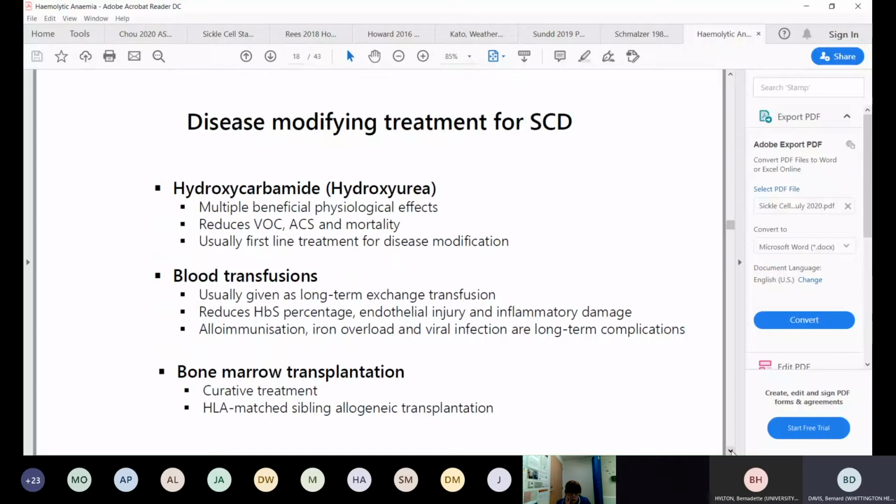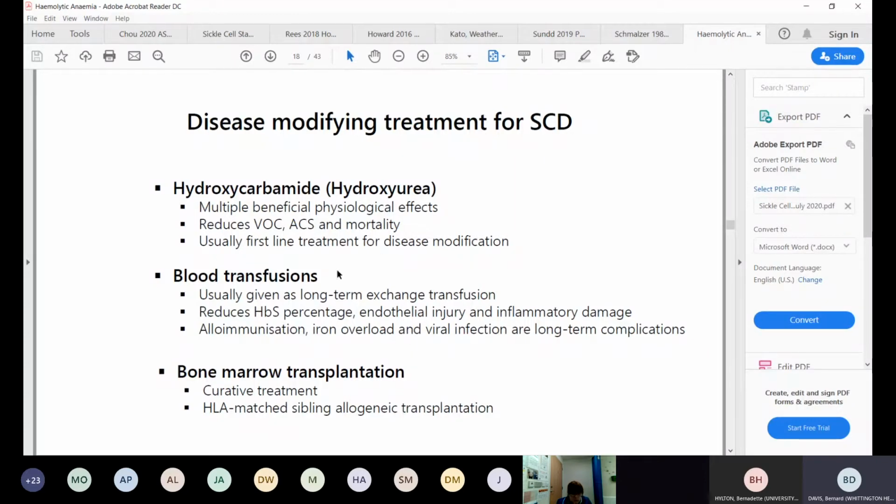So what are some of the disease-modifying therapies that are available? Well, the first is hydroxycarbamide, also known as hydroxyurea. We won't go into that. We would usually use it first line to modify the disease. We know it's effective in reducing the incidence, frequency and severity of vaso-occlusive crises, acute chest syndrome, and mortality.